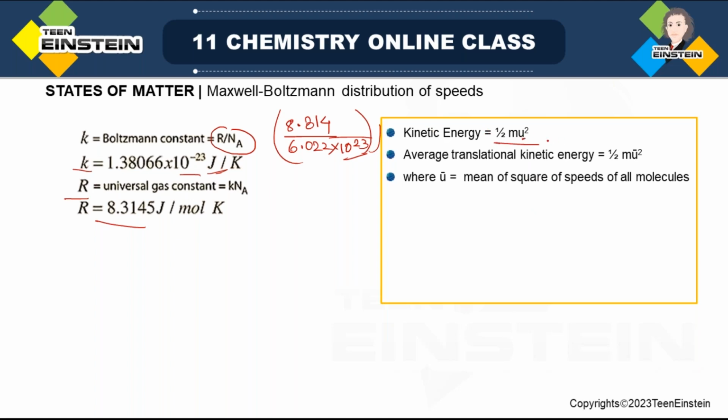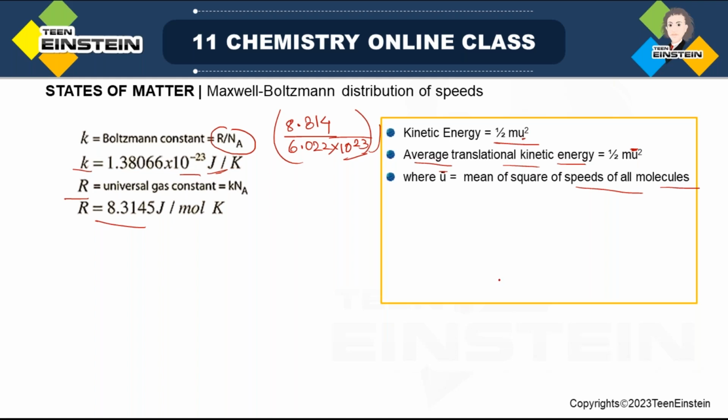So suppose u is a particular value of speed. When I'm saying average translational kinetic energy, that is linear movement, we are using an average term, so there is a bar sign. So this bar sign means the mean of the square of speed of all the molecules.